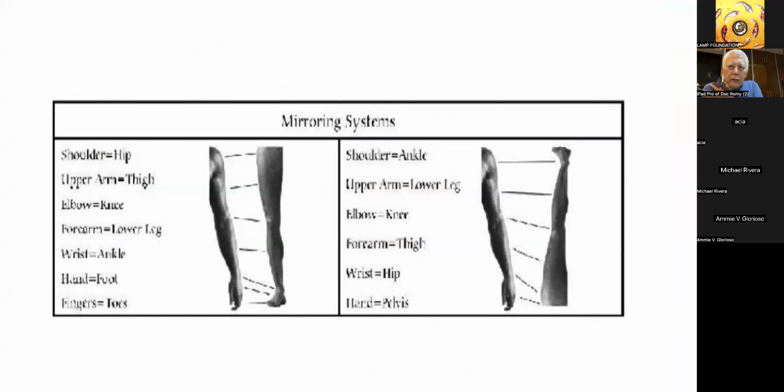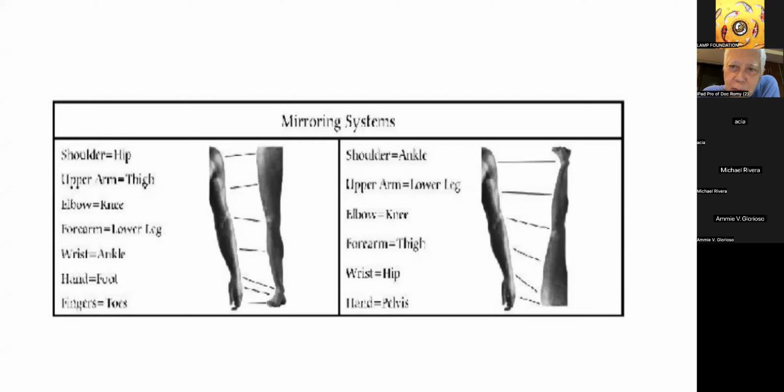Direct means the upper is mirrored on the upper. But if you reverse it, like the hand, as Sir is showing now, on the right side, that is a reverse mirror. And there will also be treatments for it. Like the shoulder, at first, mirrors the hip. But if you reverse it, now the shoulder will mirror the ankle. And so on.